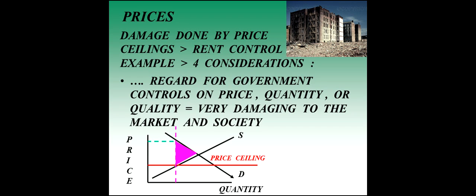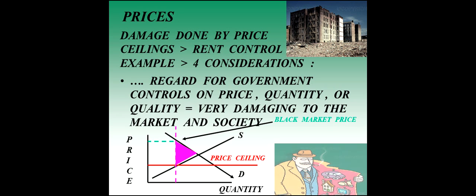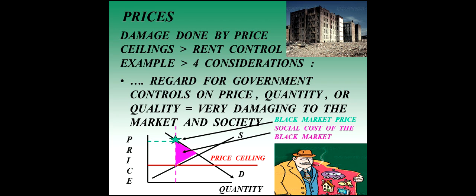The people that are subletting apartments, where there's great demand for them, set a price far above the price ceiling, and in many cases, as I mentioned, above the market equilibrium price. And what this shaded area in our supply and demand graph represents is the social cost of the black market.